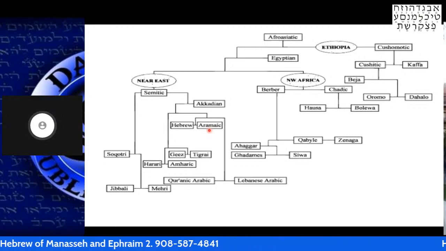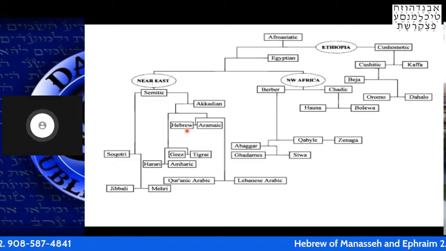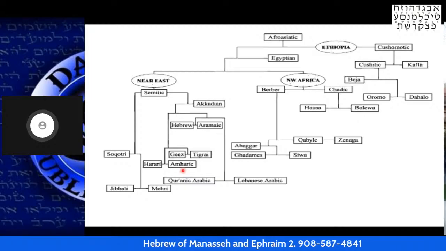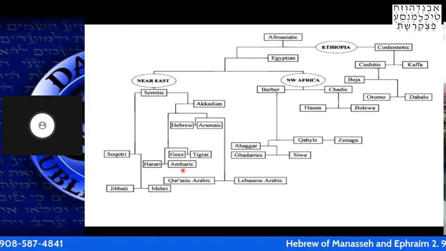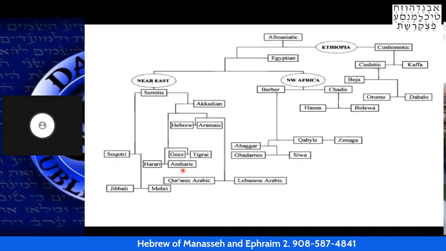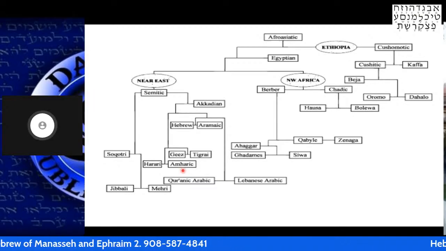We also care to point out that Hebrew and Amharic are related. In many cases, the sh syllable in Hebrew might be transliterated to other languages simply as s. In Hebrew there is an s syllable and an sh syllable.